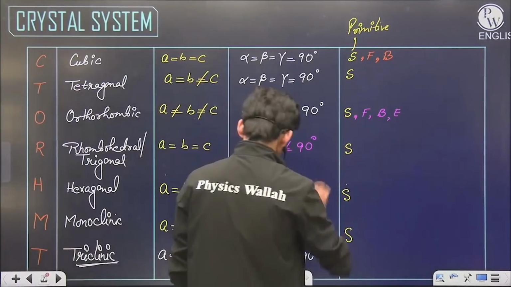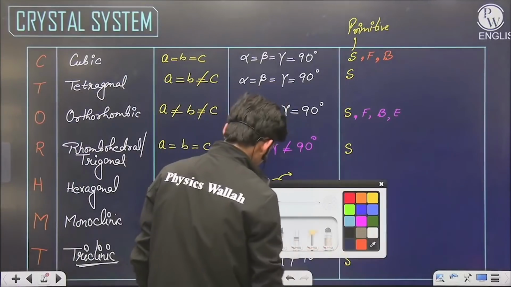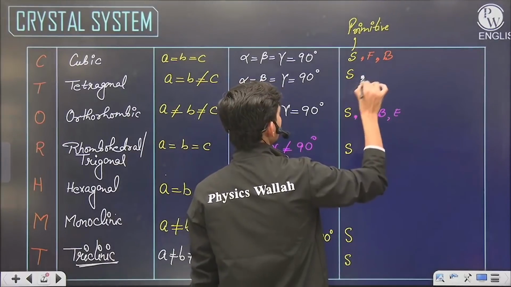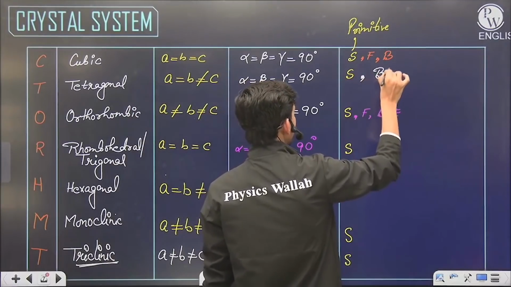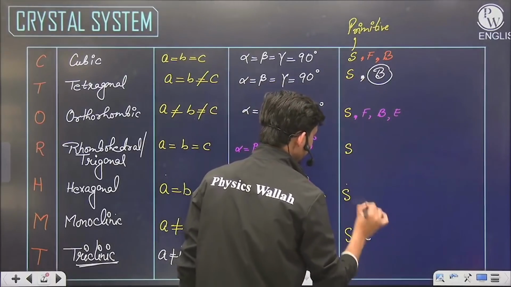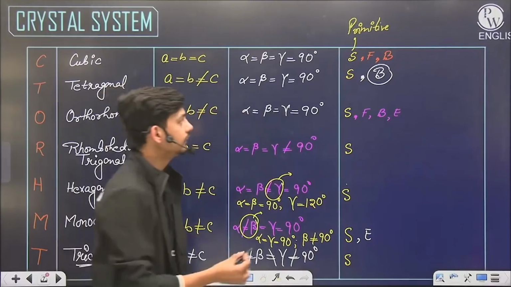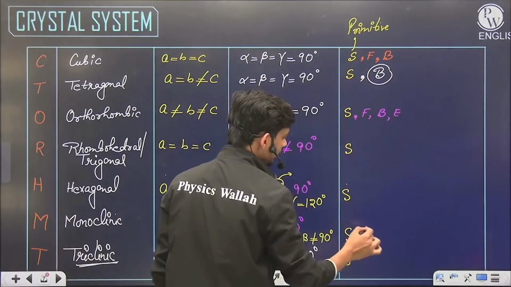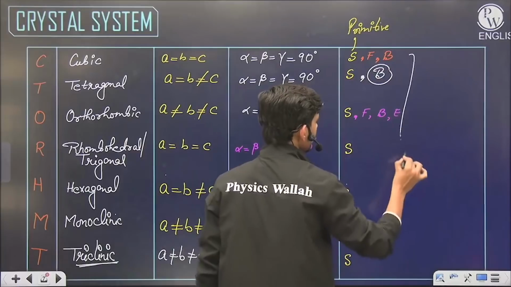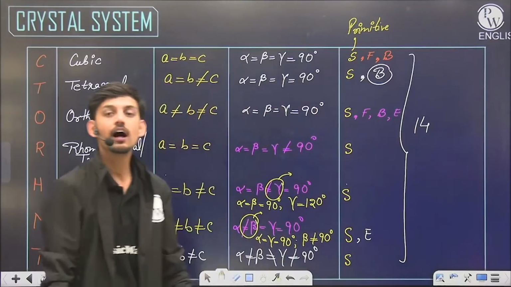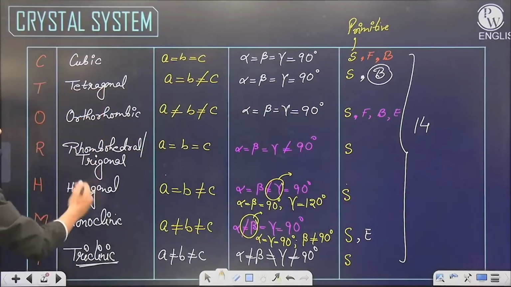So these are the 12 packings. Now we have to remember only one thing more: tetragonal has a body-centered packing as well, and monoclinic has an end-centered packing as well. Now if we count all these, 1, 2, 3, 4, 5, 6, 7, 8, 9, 10, 11, 12, 13, 14, we have a total of 14 types of packing available in these 7 types of systems.